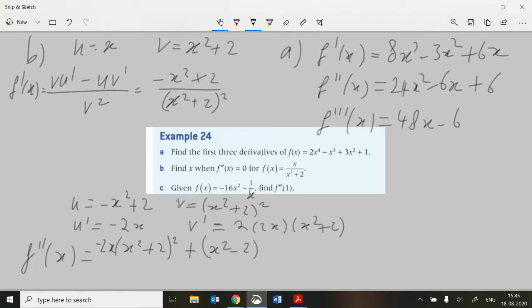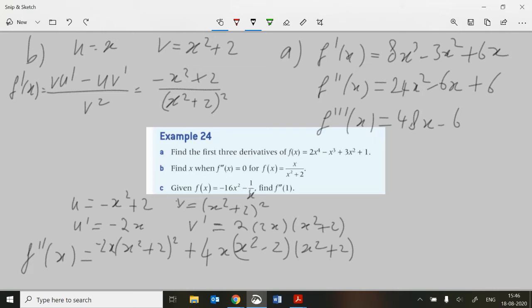And then we were at u, now we need to put in v dash. So v dash is this thing here. We can put v dash, this bit, in front. We've got 4x, and then we've got our x squared plus 2 there. We'll look at the difference of two squares there.